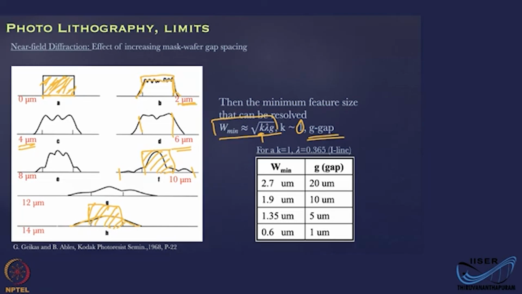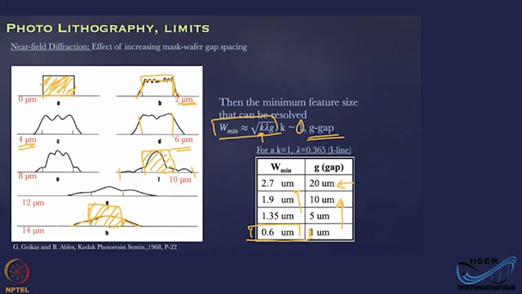So when the gap is 1 micrometer, your resolution is something like 0.6, and as you increase the gap, the resolution also gets worse, and eventually it hits a couple of micrometers or more when you have a 20 micrometer gap between the mask and the substrate.